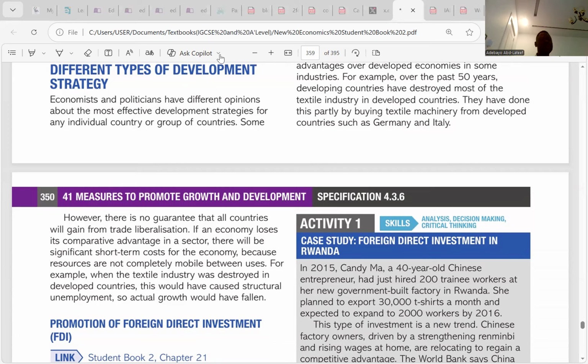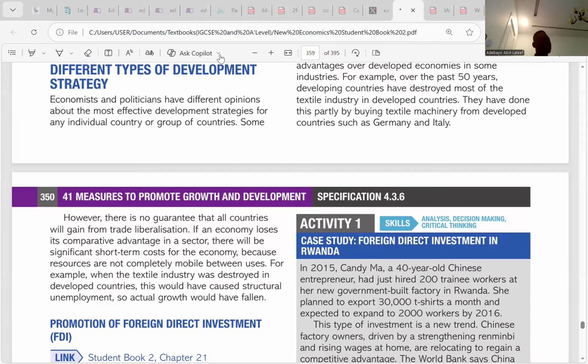So they made an example of developed countries. For developed countries, yes, the textile industry might be destroyed. But does that really mean trade liberalization was the reason, and as a result they're going to have structural unemployment? So the point about trade liberalization is that it has pros and it has cons.